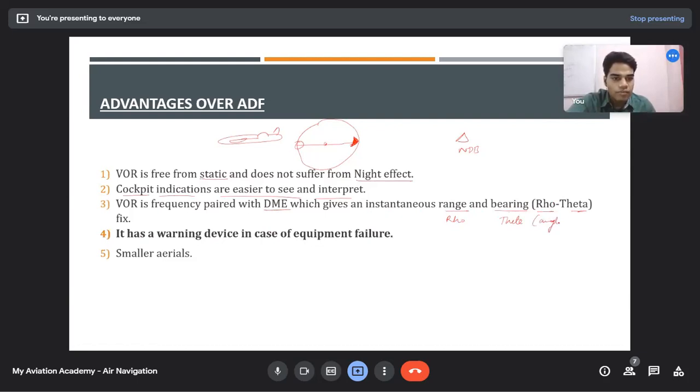Both are given. The most important fact is it has a warning device in case of equipment failure. It indicates if the equipment is unserviceable, which is really important for pilots. It also has smaller areas. This is our added advantage. This is what is beneficial of VOR, and that is why we're going to study very high frequency omnidirectional range.